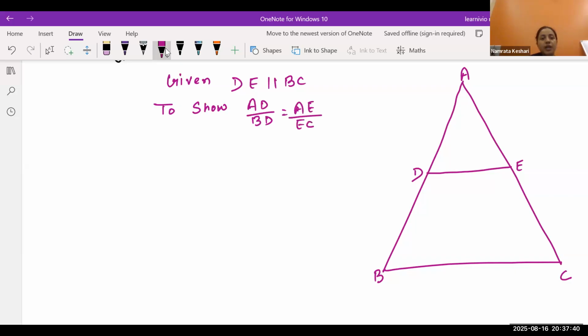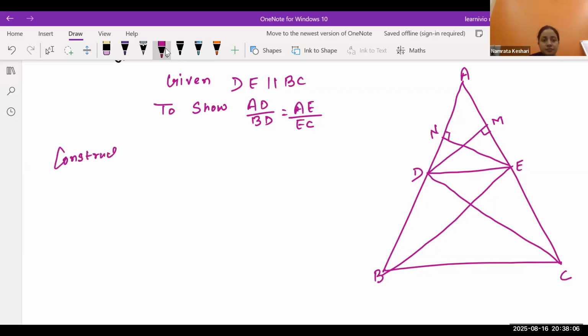Already we have done the construction. We joined D with C. We joined E with B. We have dropped the perpendicular from D, and we have dropped the perpendicular from E. Then we have written the construction: DM is perpendicular to AE.